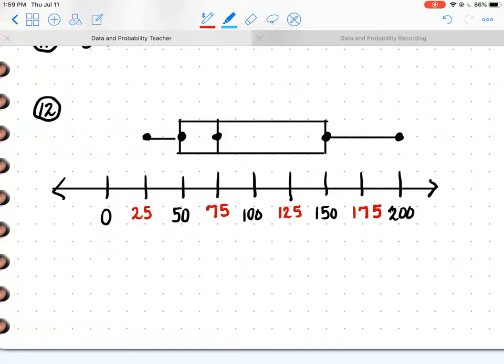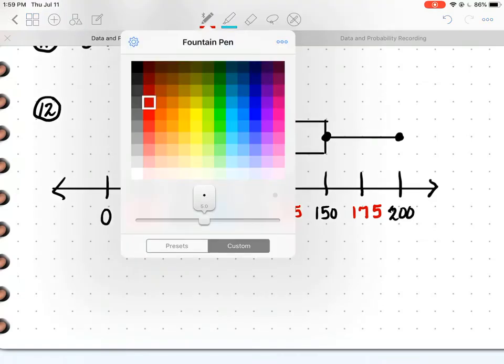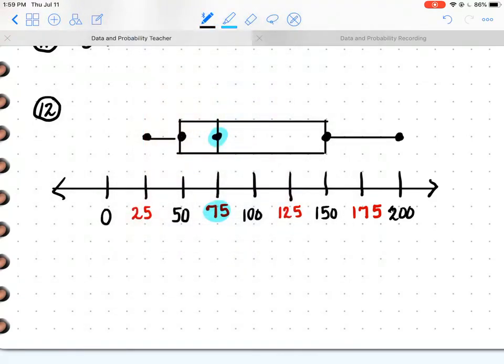Okay, this dot corresponds to 75. This is called the second quartile, but it has another name, and we'll talk about that in just a minute. This dot is the first quartile.